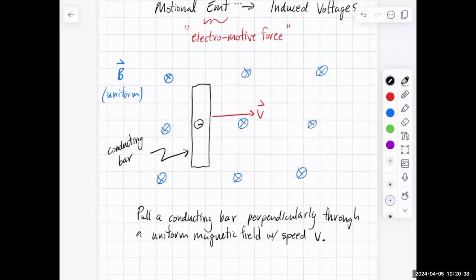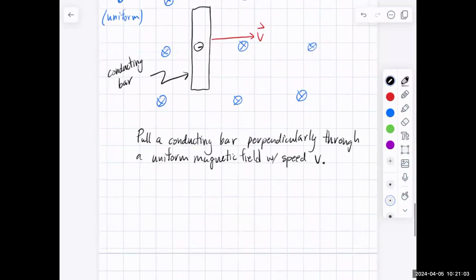And because it's inside the bar and the bar is moving, this electron is moving through our magnetic field. And we know that charges that move through a magnetic field experience a magnetic force. And so there's going to be a magnetic force on this electron. And in fact, not just this electron, but all of the electrons that are free to move around in this copper bar.